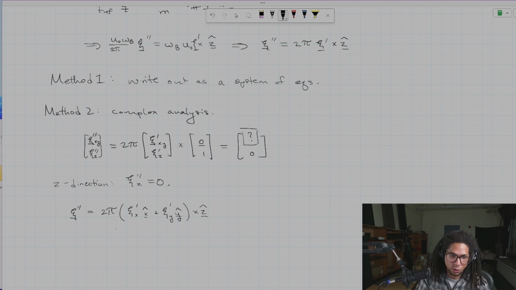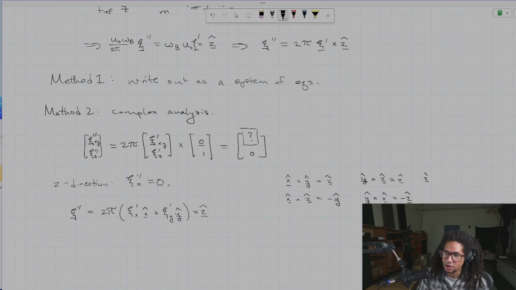And there are some rules for what happens when I take the cross products of x hat, y hat, and z hat. X hat cross y hat is equal to z hat. X hat cross z hat is equal to minus y hat. Y hat cross z hat is equal to x hat. And y hat cross x hat is equal to minus z hat.